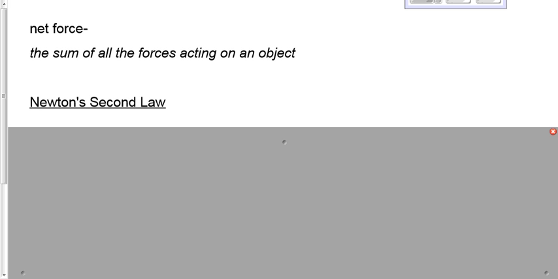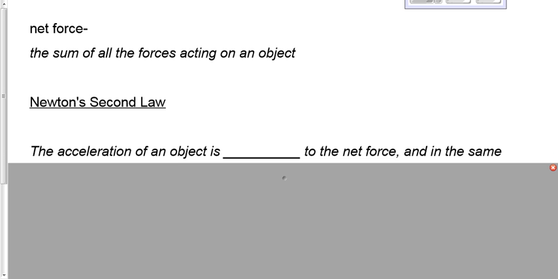We're going to say for the second law that the acceleration of an object is directly related to the net force. Directly related to the net force. That means as the net force goes up, the acceleration goes up.